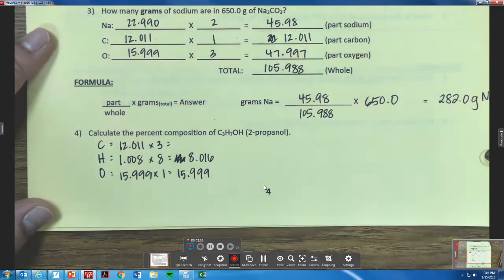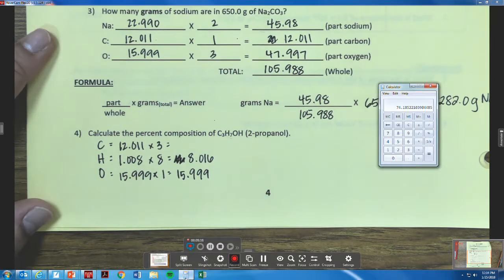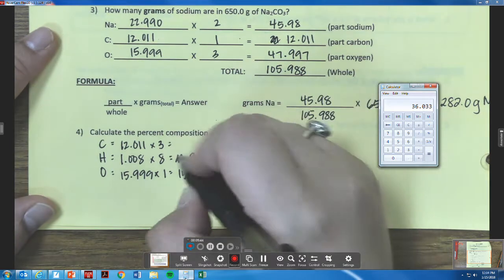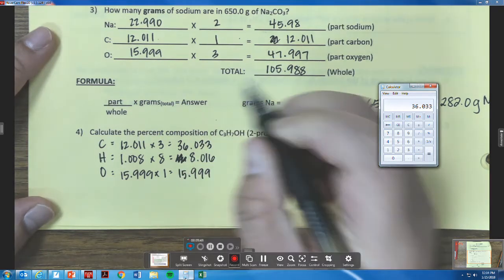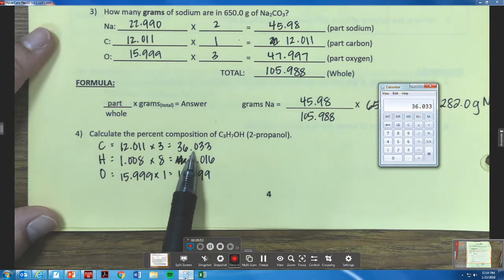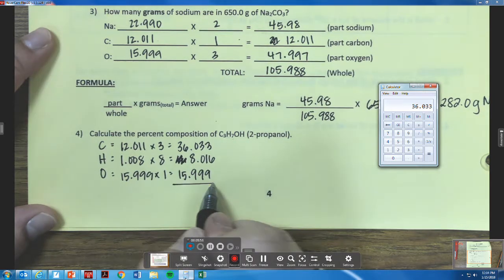Let's pull out the calculator for this one. I do not want to be wrong. 12.011 times 3 is 36.033. Those are all our parts. 36.033 grams of carbon is in this compound. That's what that means.